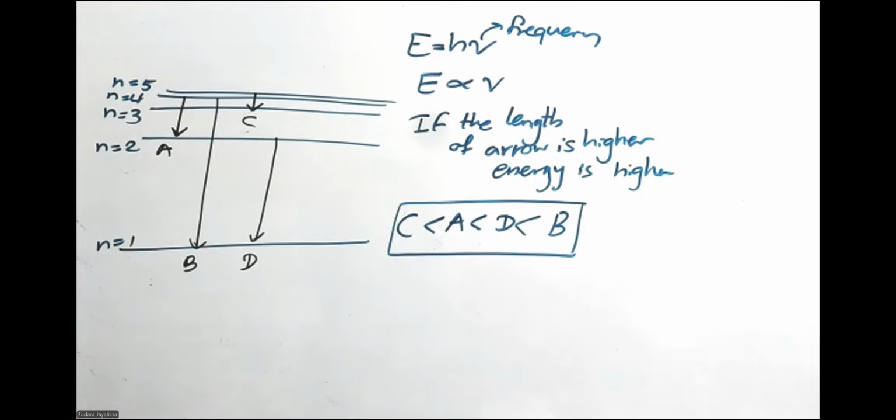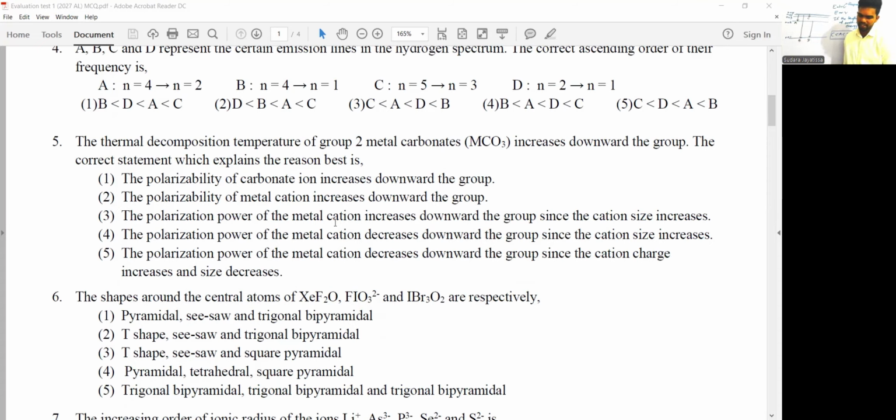Okay, now just remind it. We have done plenty of these questions in our previous practice papers. The thermal decomposition temperature of metal carbonates increases downward the group. The correct statement which explains the reason best is asking you to explain the correct reason for the increase of thermal decomposition.